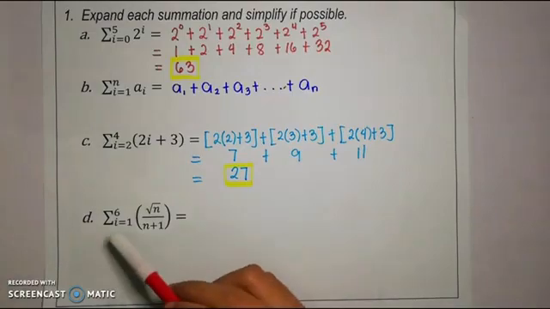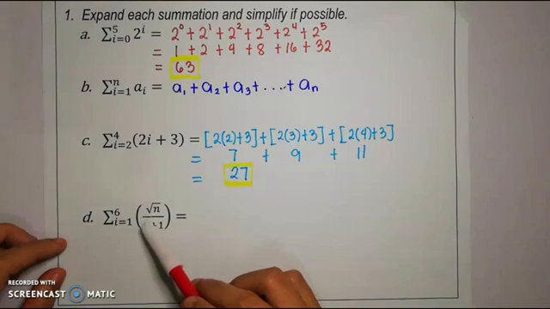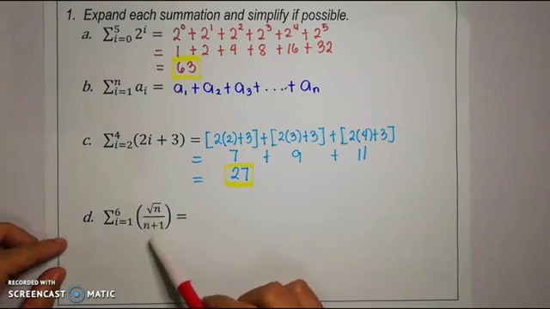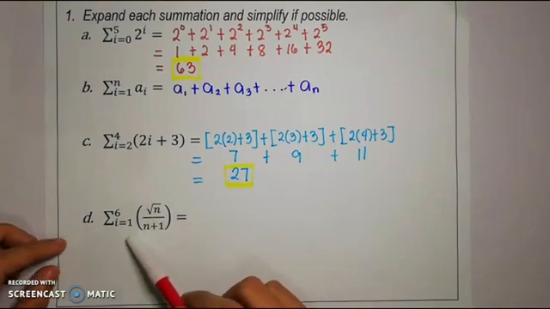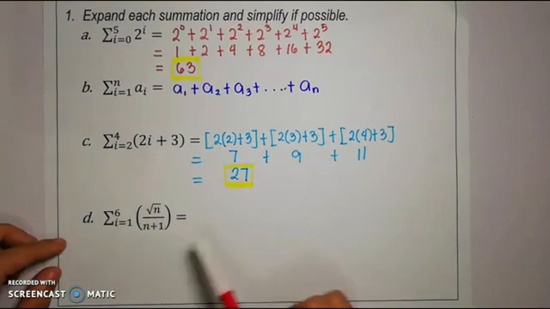For the last example, we have the summation of square root of n over n plus 1. We will expand this equation and see what will happen.